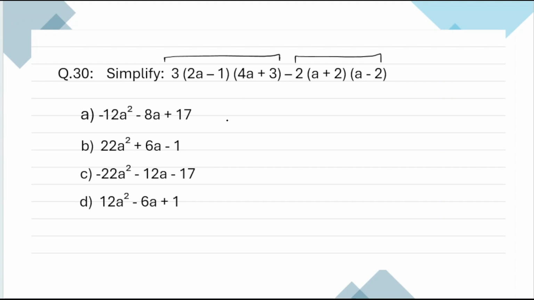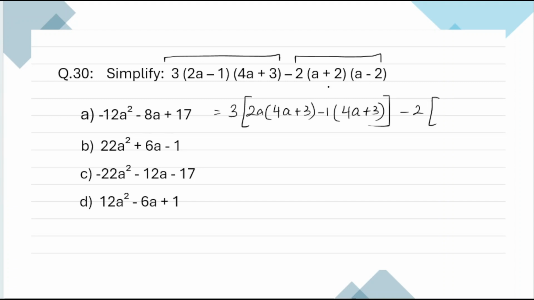So let's start doing it. So it's 3, so 2a is multiplied by 4a plus 3 and then minus 1 is multiplied with 4a plus 3. And I am putting it in the big bracket because there is 3 also outside. Minus 2 times (a plus 2)(a minus 2).